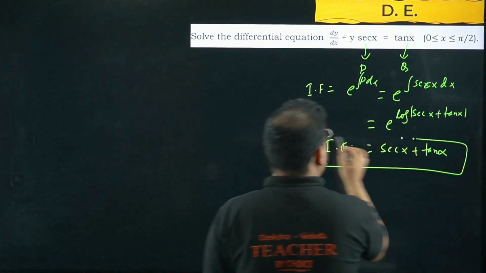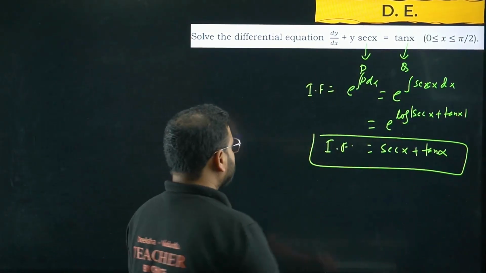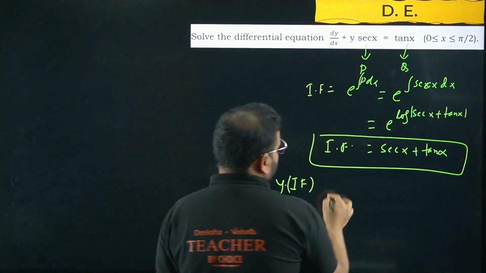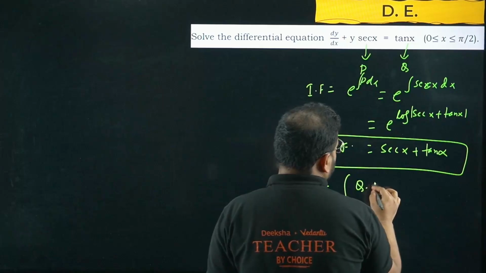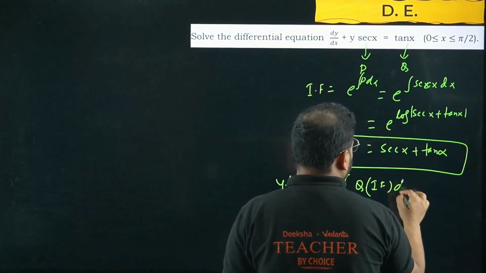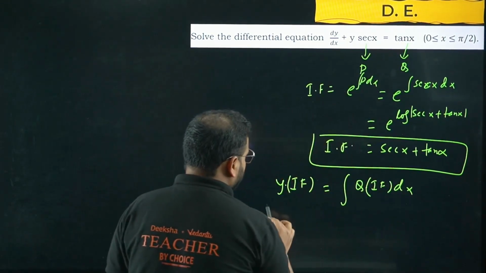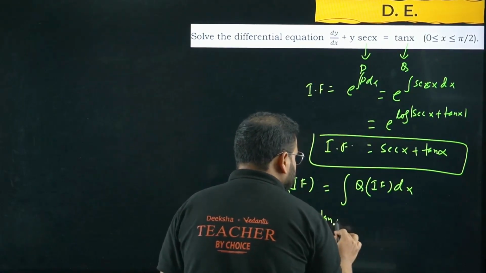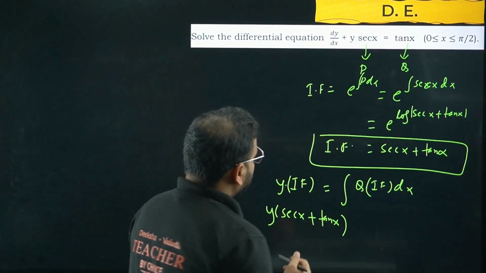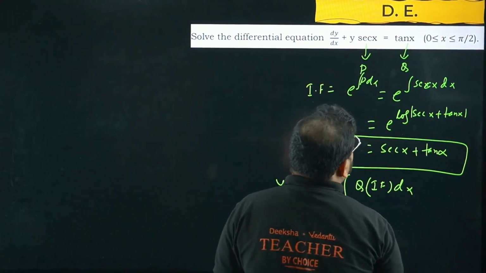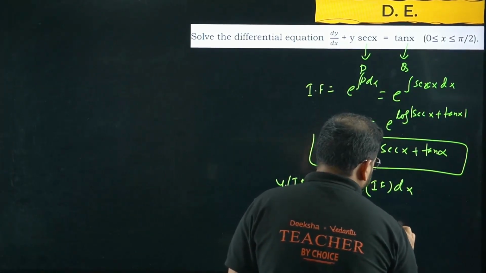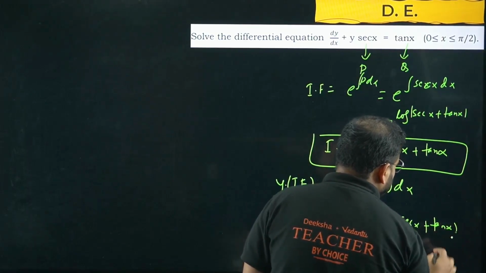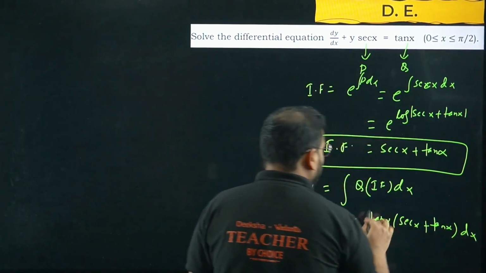Very simple. What else do I have now? Find the final answer. It will become y times IF equals the integral of Q times IF dx. That is y times sec x plus tan x equals the integral of tan x times sec x plus tan x, with dx in the integration.